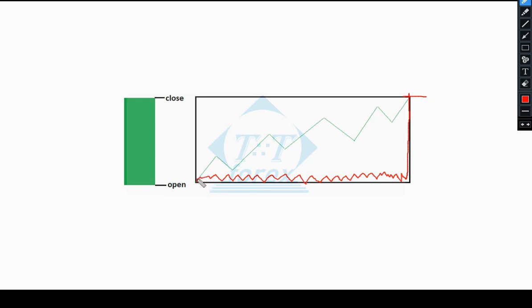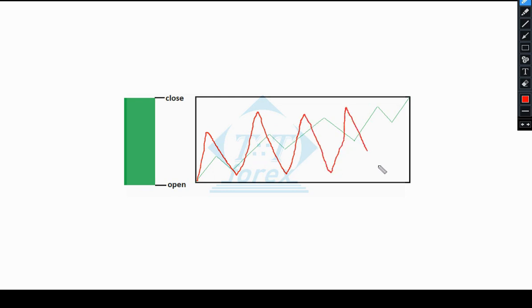Or you might have a candle that shoots up at the beginning of the day, and then the market just ranges for the entire session until it closes here. That's another possible move. Or maybe it went up, came back down, ranging until it comes to close here.